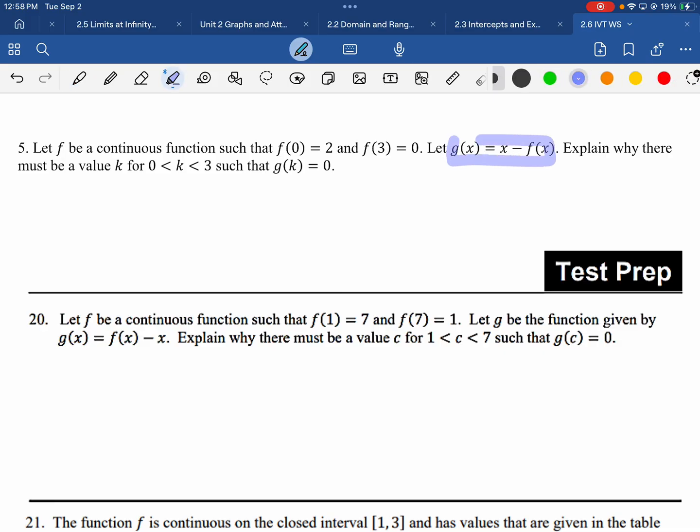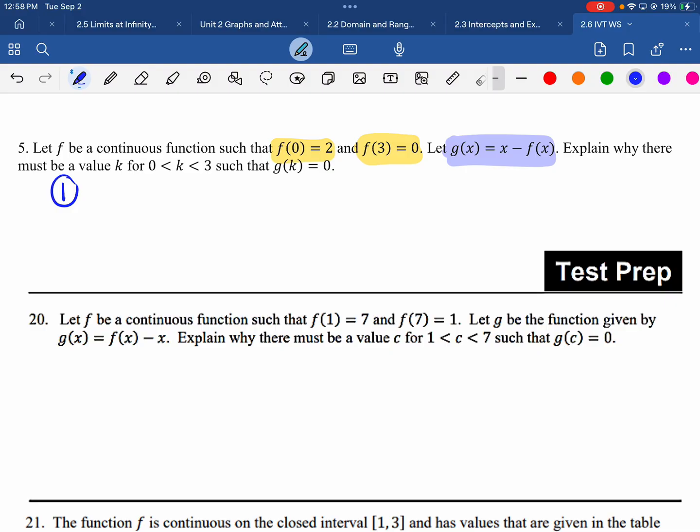All right, so I've got g right here, and I've got these 2 points right here. Explain why there must be a value k from 0 to 3 such that g of k equals 0. All right, so what's the first thing I have to prove? What is continuous?